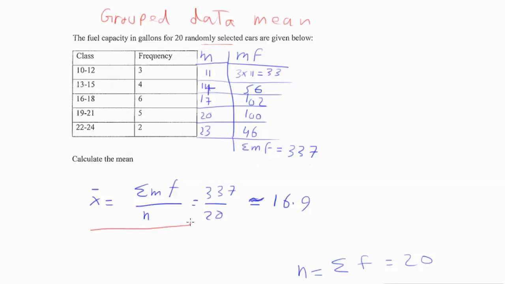You just get the sum of the midpoint after being multiplied by the frequency. So in fact, we multiply the midpoint first by the frequency of every class, and at the end I get the sum. But there's no need for this bracket. I'm not going to write the bracket in the formula sheet. You should be aware that sigma mf is actually what it means. I'm just writing this in red to explain to you, but I will not write it in the formula sheet.